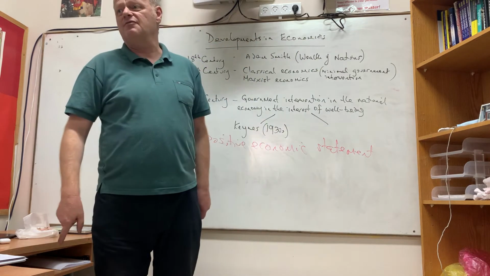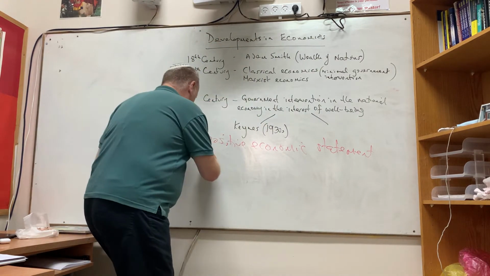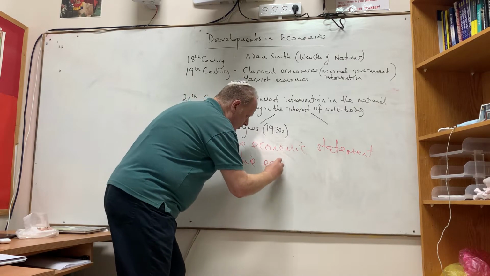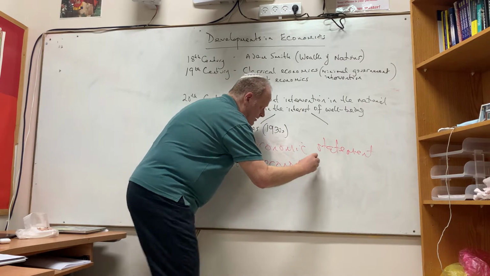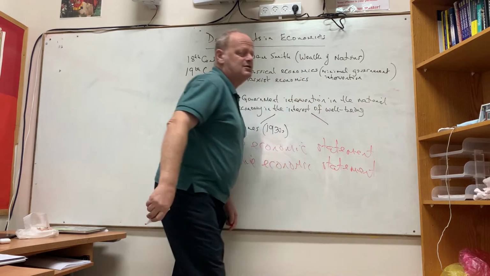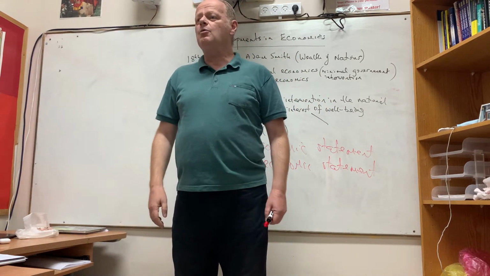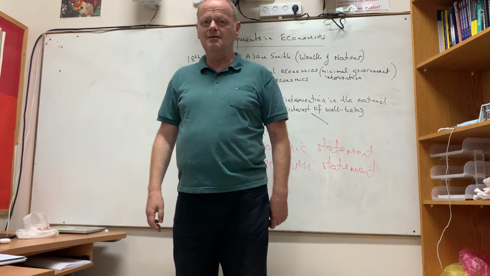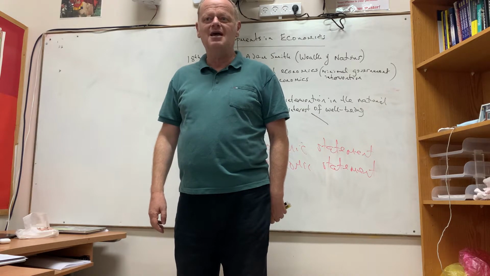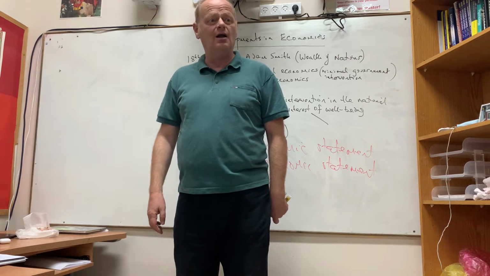The opposite to positive economics, and this doesn't mean it's valuable, is when we talk about normative economics. A normative economic statement. An example of a normative economic statement would be, it would be a good idea for governments to take a greater interest in housing distribution for all classes.